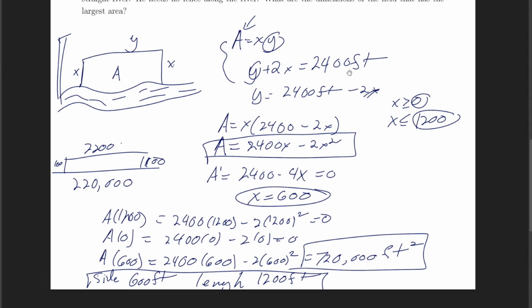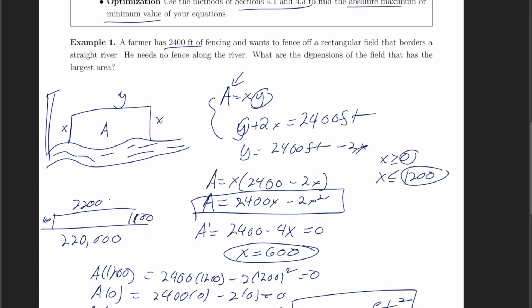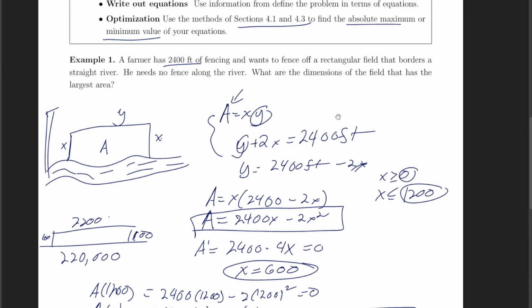Okay, so that's kind of how you do this. Once again, you read through the problem and try to figure out what you want to optimize. In this case, it was the area of our field. Try to draw a picture, and then write out the notation: x is the side of the field, and y is the length. Then we write out equations.